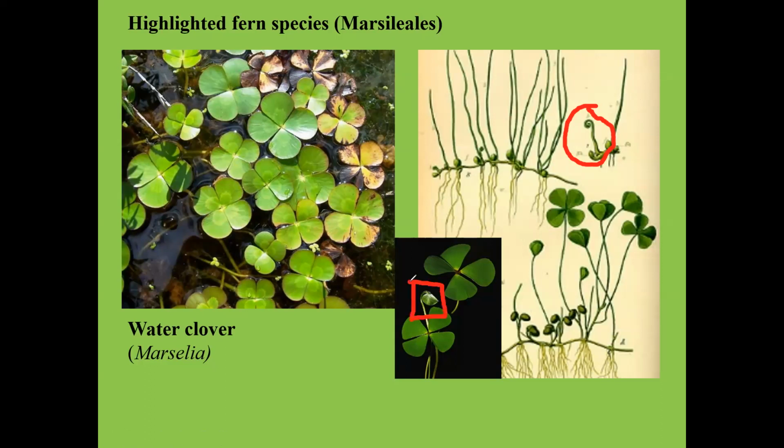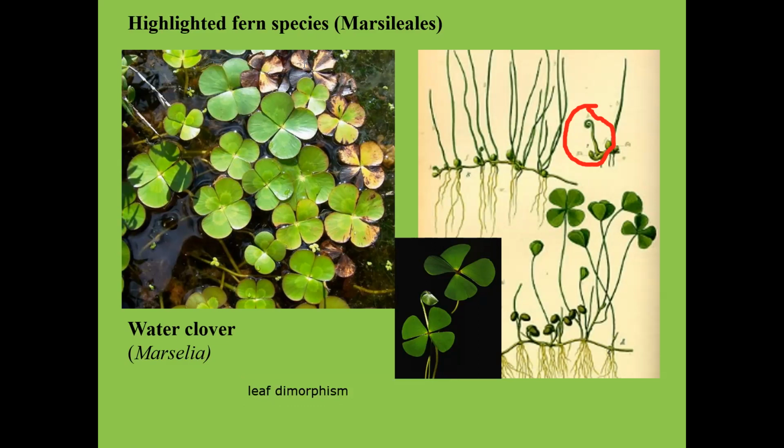This is what I was saying on the previous slide. Just like some of the other members we looked at, this water clover has, again, leaf dimorphism, two types of leaves.